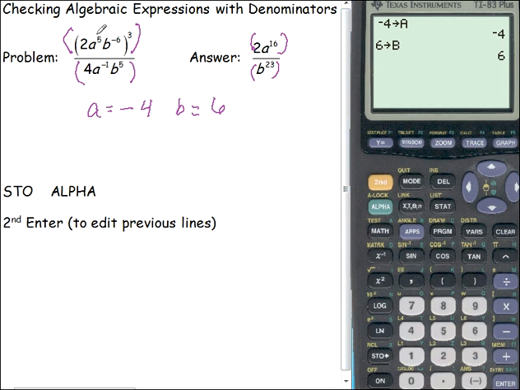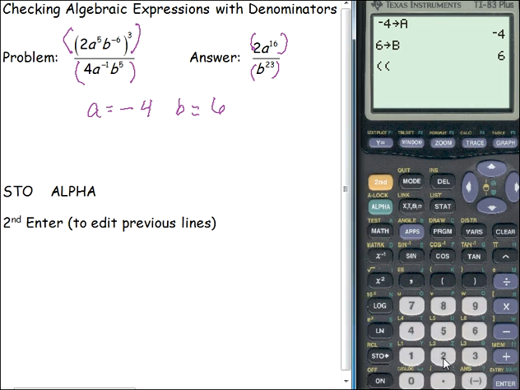And now we'll go and enter the original problem and see what substituting those values for a and b makes that expression equal. And so we start with two parentheses. We're starting from the top, we're going across, and then we're going down like that. All right?